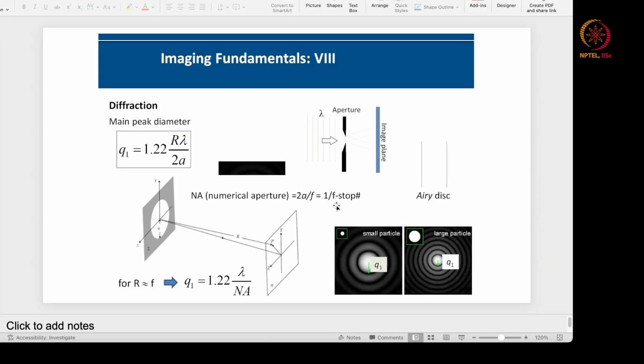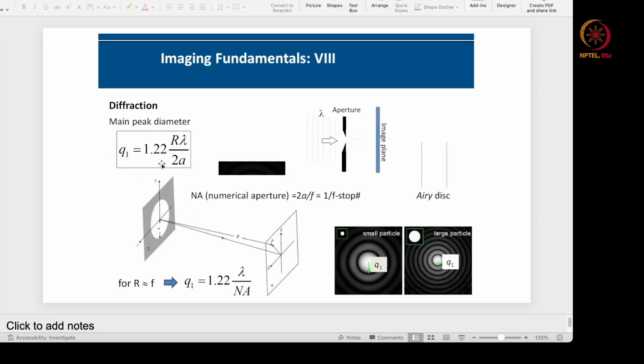Lambda is the wavelength, a is the size of the object, or in this case the size of the hole, and r is the distance of the screen from the source. This is the imaging screen, and if you put it at the focal length, this will be just lambda by the numerical aperture.